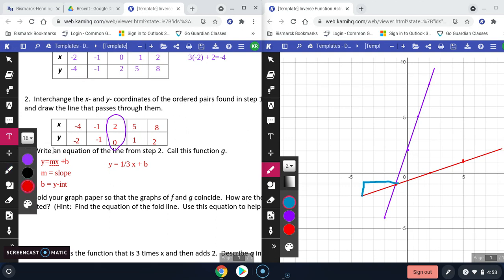So this becomes 0 equals 1/3 times 2 plus b. Okay, so this is 0 equals 2/3 plus b.